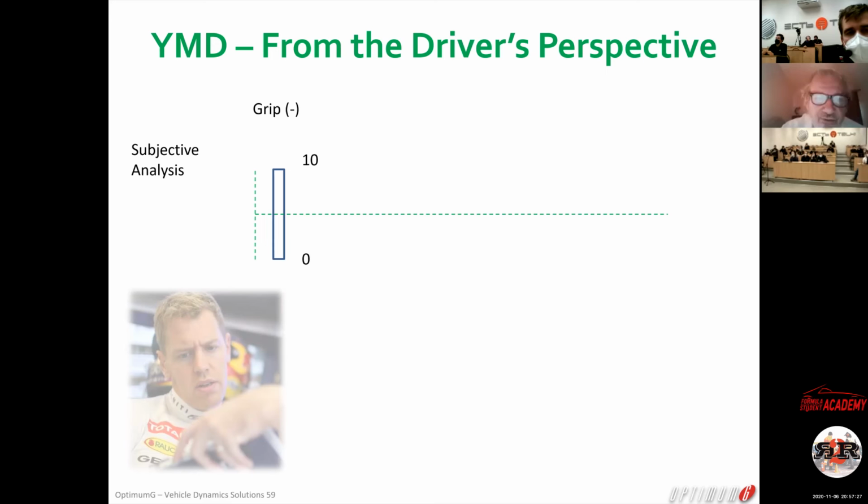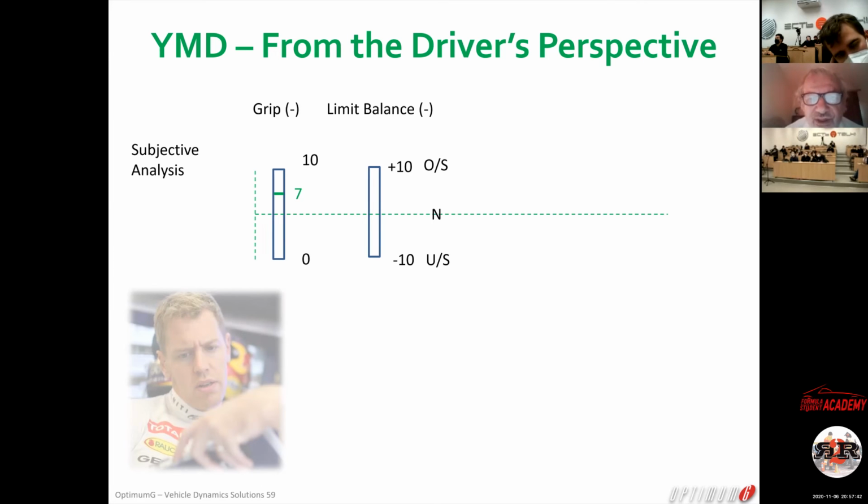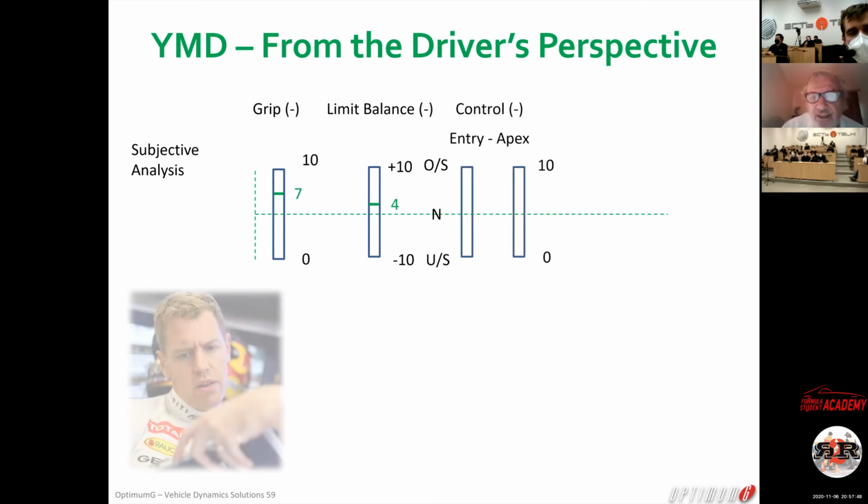A good driver should never be happy, but it's giving you a 7. In terms of balance, I'm going to characterize it. 0 is neutral, minus 10 is big understeer, and plus 10 is oversteer, and it's giving you 4. And then control on entry and apex is giving you a 4 and a 6, and stability is giving you a 7 and a 7.